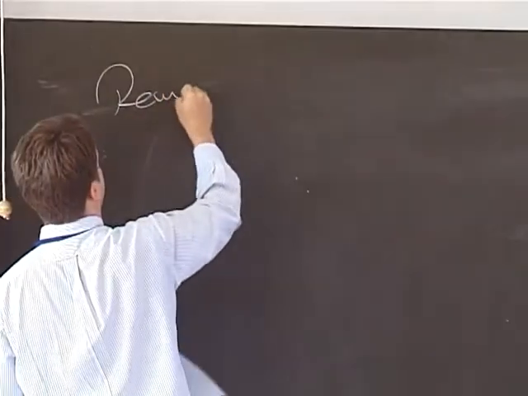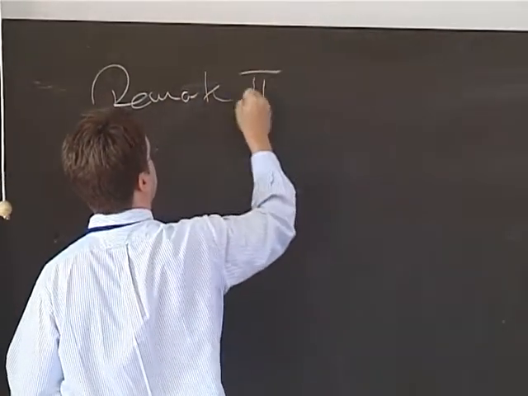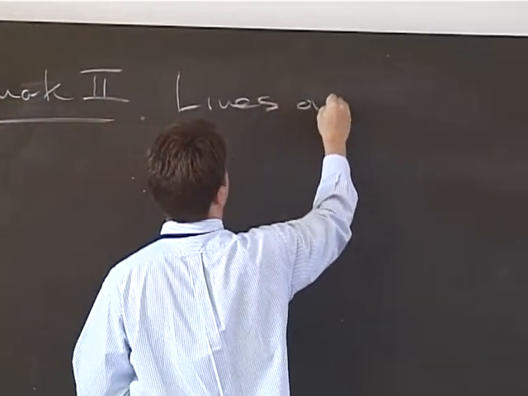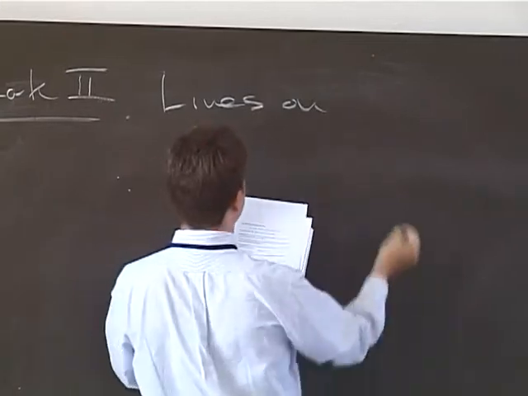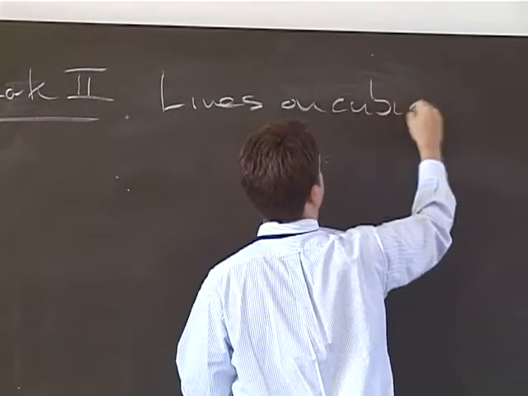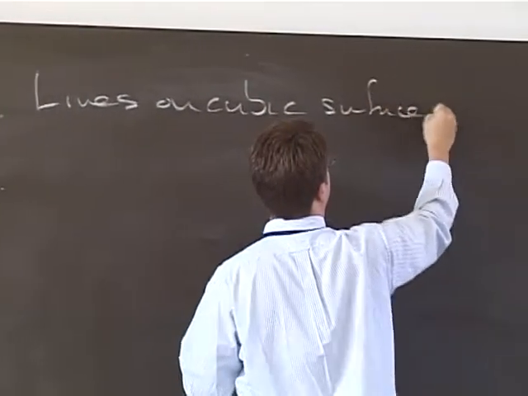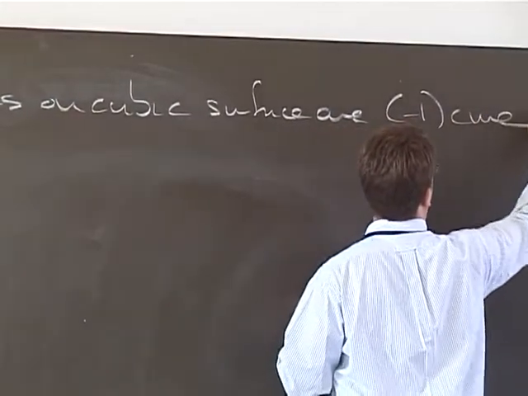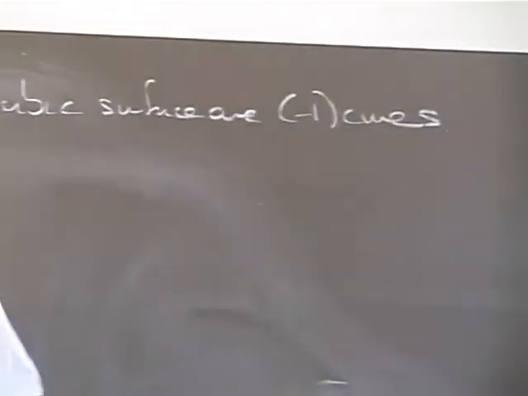So this is remark 2. Lines on the cubic surface are all minus 1 curves. The lines are exactly the minus 1 curves.